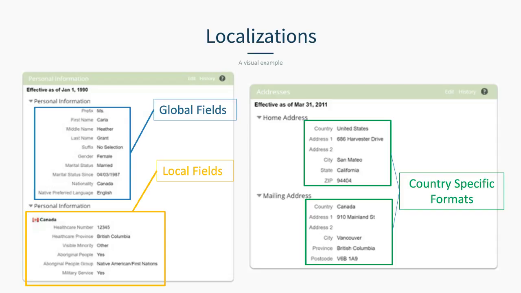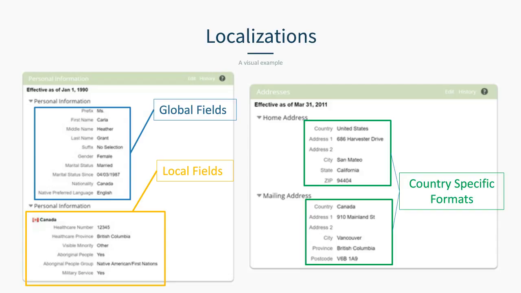So again, not only can you make these country specific, but you can add the same fields to multiple countries to gather that data. And then you would be able to run reports on the North American countries and have that field information for all of those that are relevant.